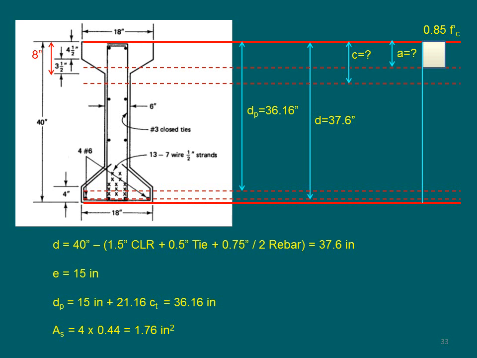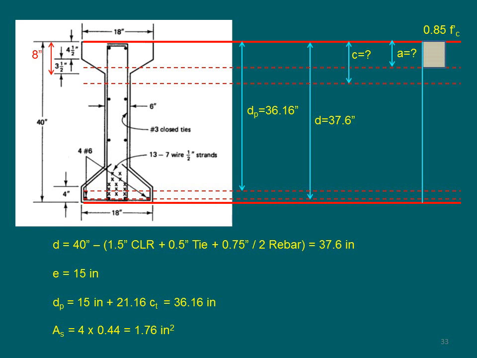The location of the pre-stress strands from the centroid of this section is at 15 inches. So the distance from the top of the beam to the center of the pre-stress strands is 15 inches plus 21.16, which gives you 36.16 inches.